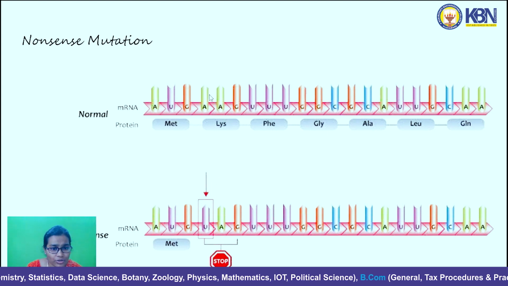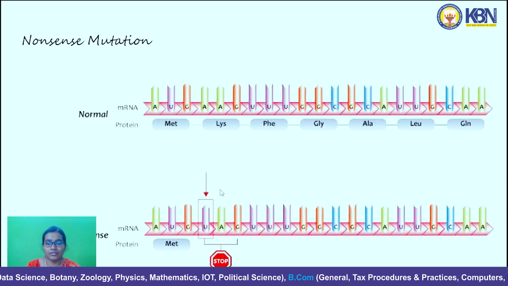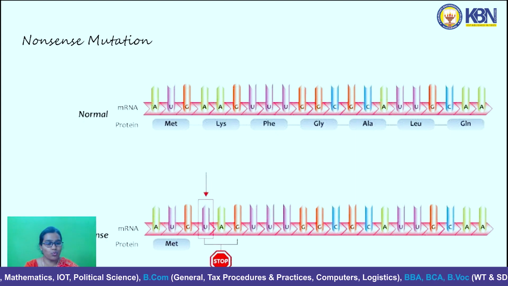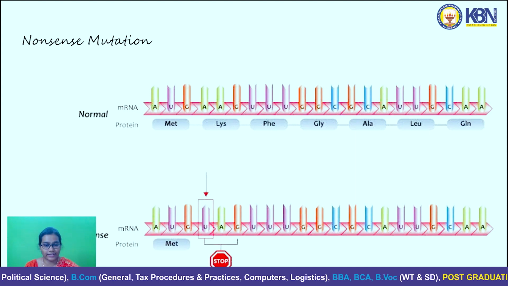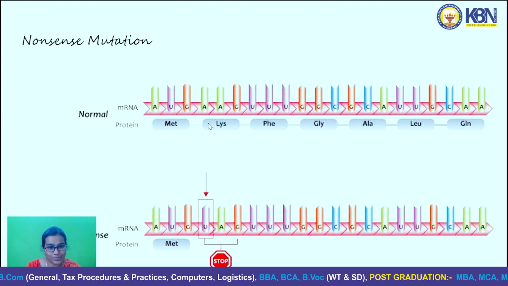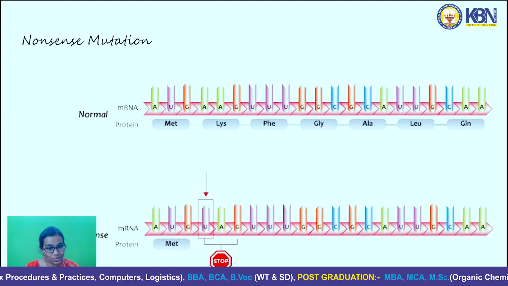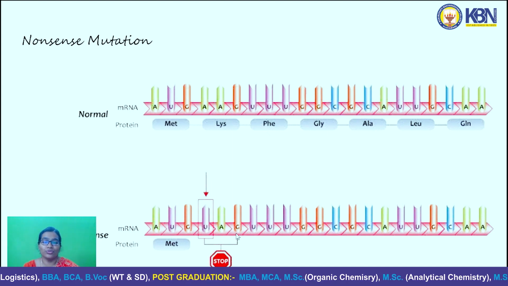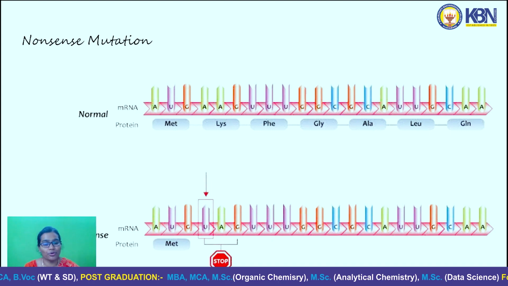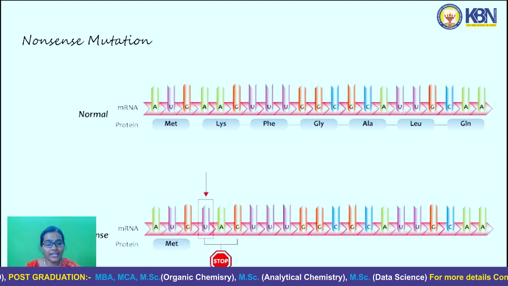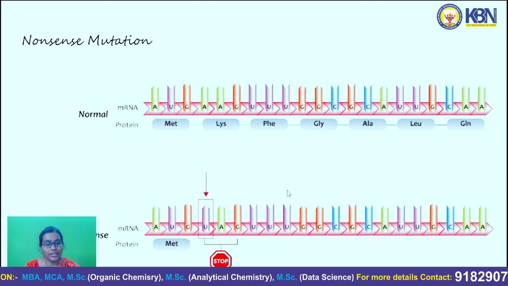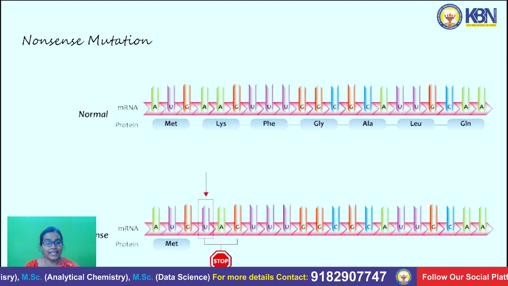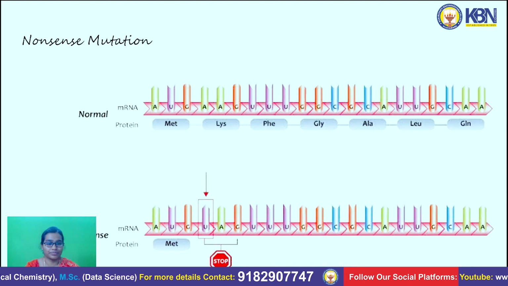If instead of A the mRNA is mutated with U, one change in nucleotide, now what has it changed into? AAG has changed into UAG, and you know UAG is a stop codon. Whenever there is a stop codon, the protein synthesis stops, and that happens here as well.